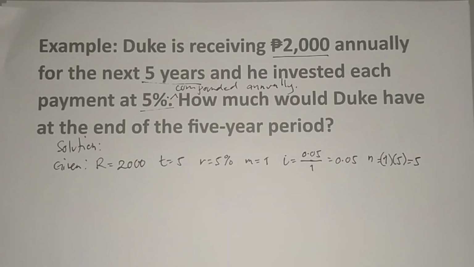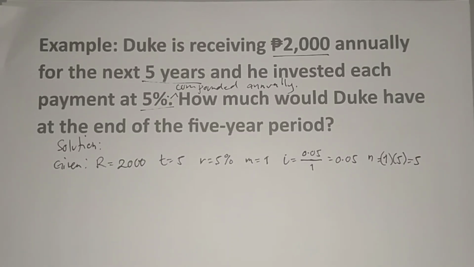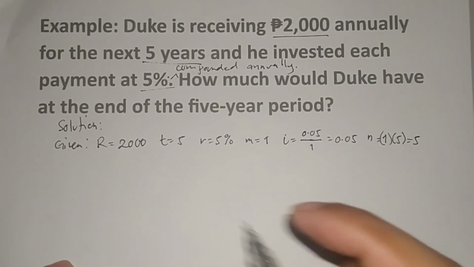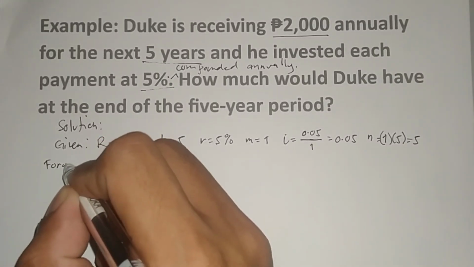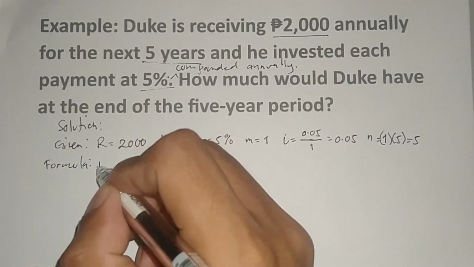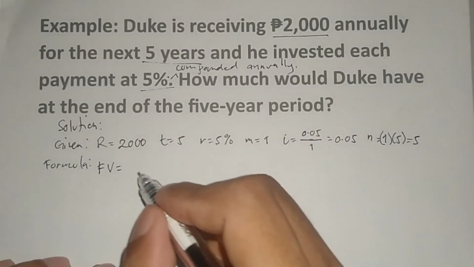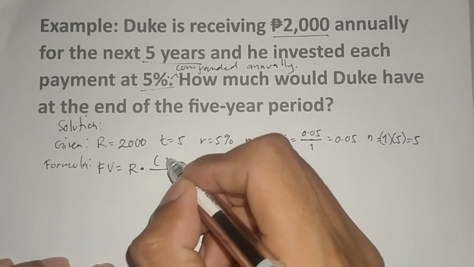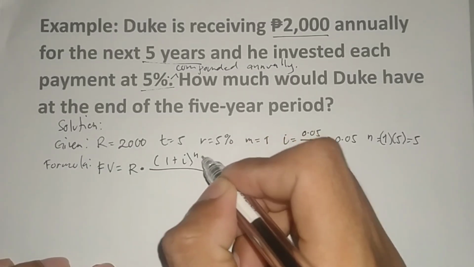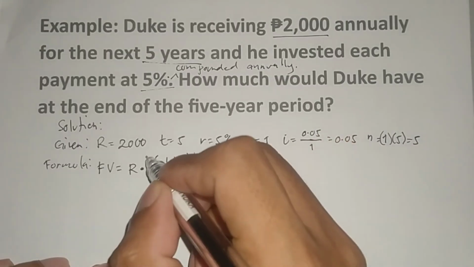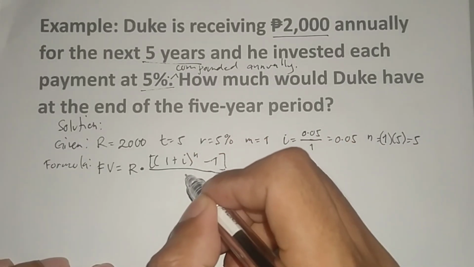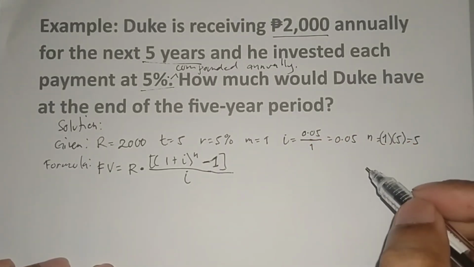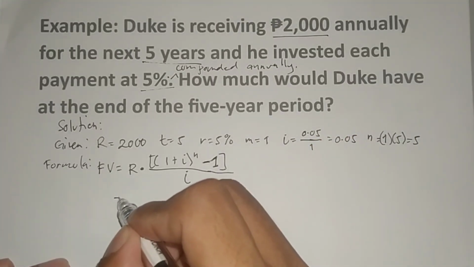Okay, so now that we have the given, we will write down the formula. So the formula is future value equals periodic payment times 1 plus I raised to n minus 1 over I. Okay, then we will substitute.